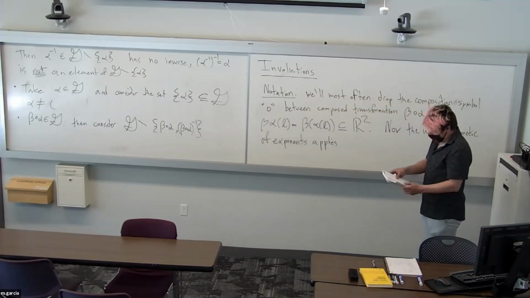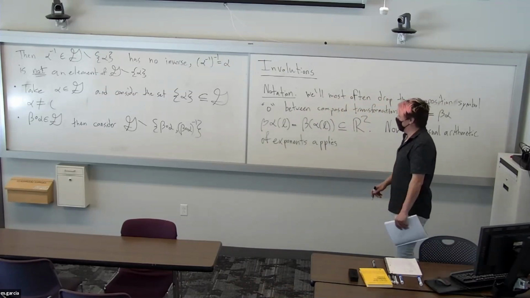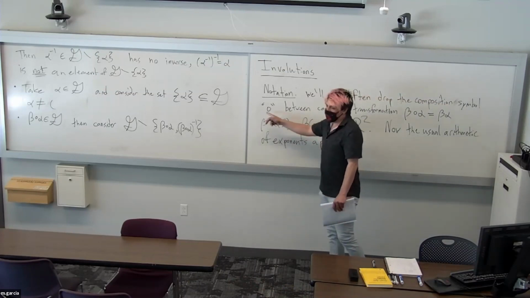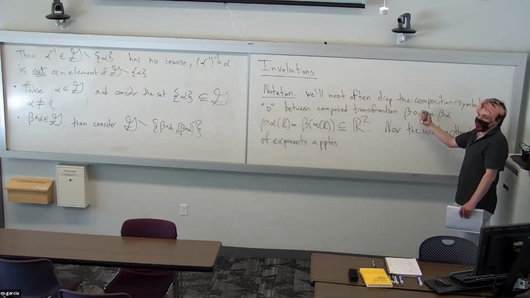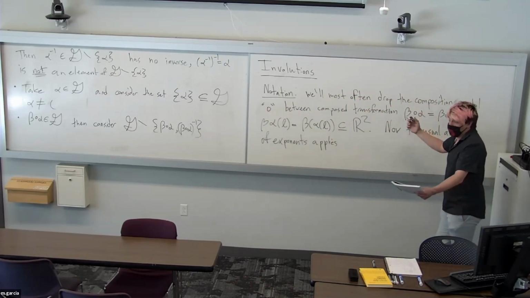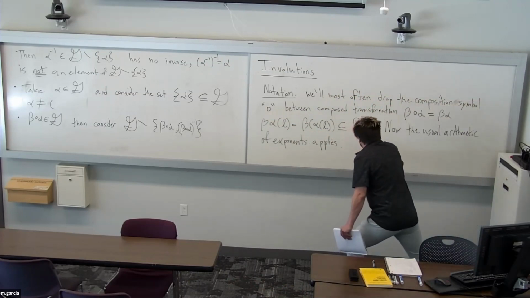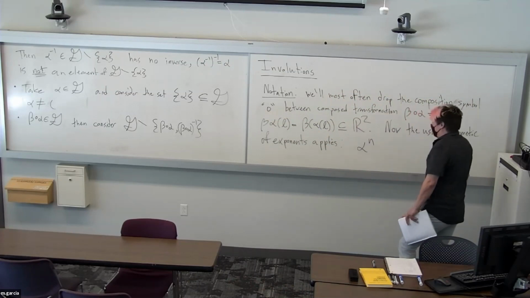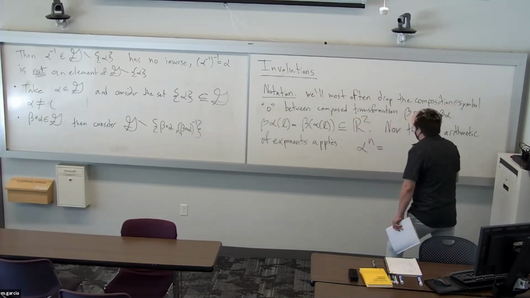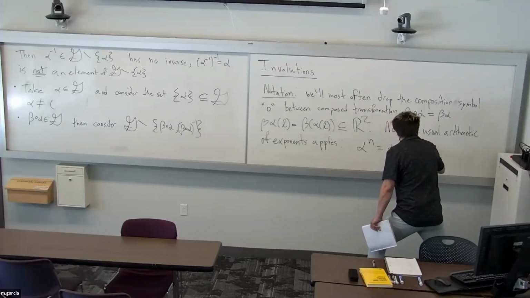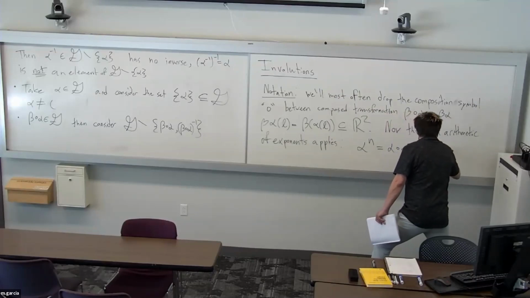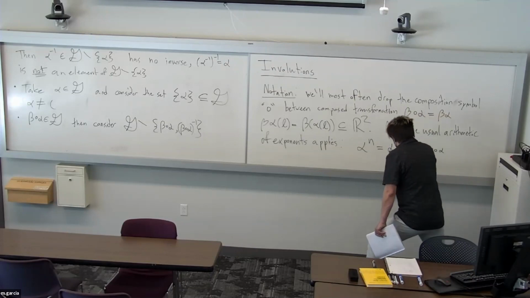So that is to say, there's not really any good notation for alpha composed with alpha, composed with alpha, composed with alpha, which is some of the motivation for getting rid of the circles. So we can just write alpha to the n, right? That is to say, alpha to the n, we just interpret this as alpha composed with alpha, composed with alpha, composed with all the way up to n times.